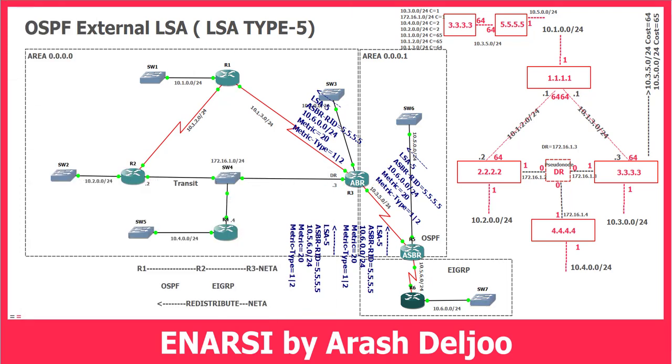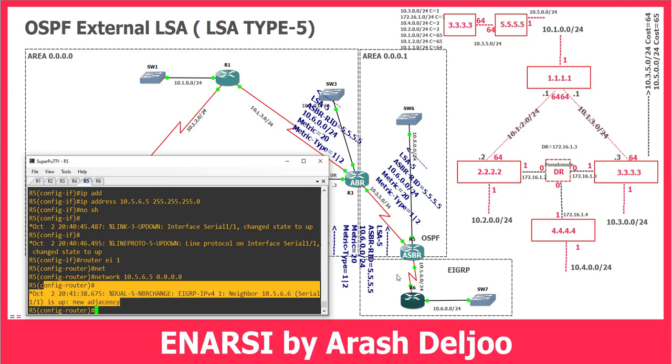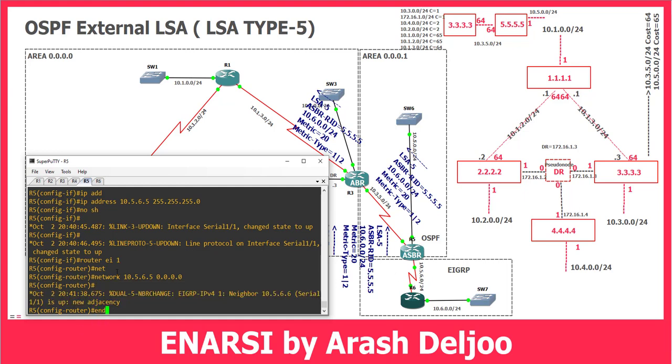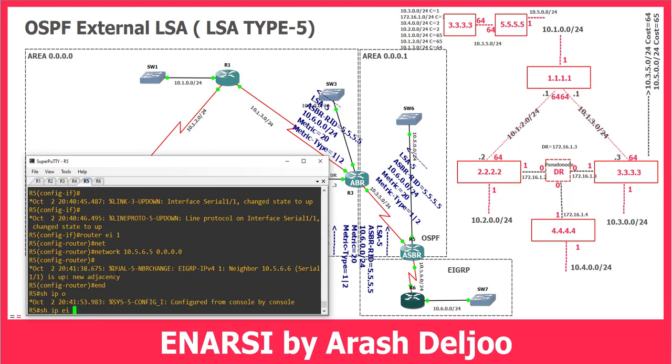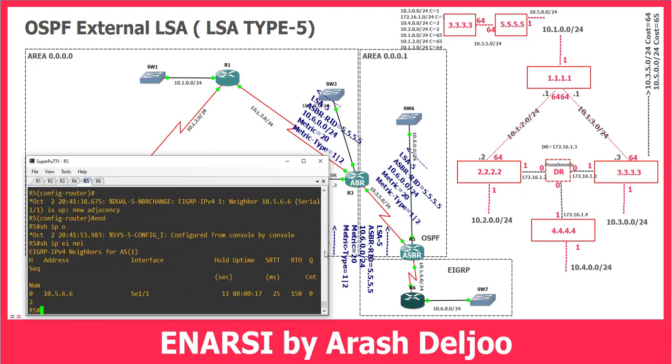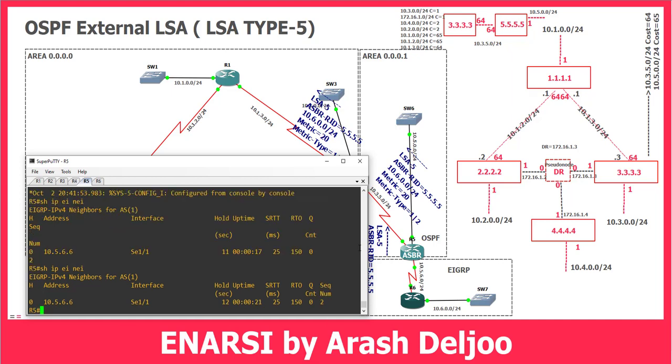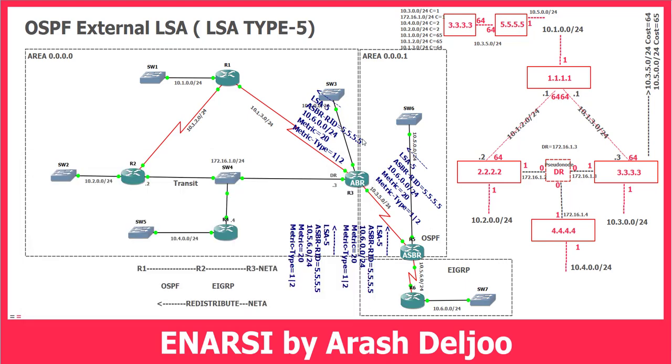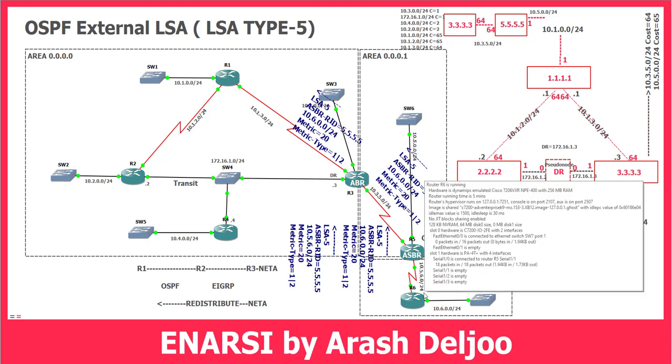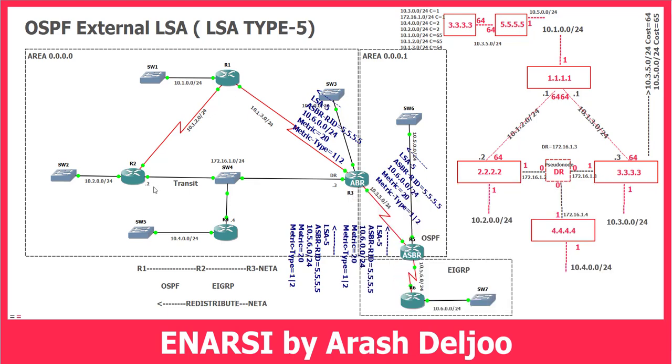As you saw, now we have EIGRP neighborship between the router 5 and router 6. Let me show you here. Show IP EIGRP neighbors. As you can see, we have neighborship with the router 6 here, okay, and also you know that before the redistribution function, we don't have any information about the 10.60.0.0/24 and also 10.56.0.0/24 in the router 3, in the router 1, in the router 2.